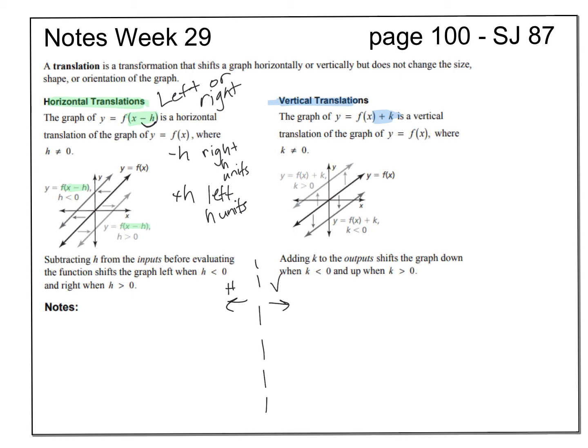So if I have f of x equals the absolute value of x plus 2, that represents a horizontal transformation or translation because this plus 2 is inside with x, so that would represent a horizontal movement of left 2 units.